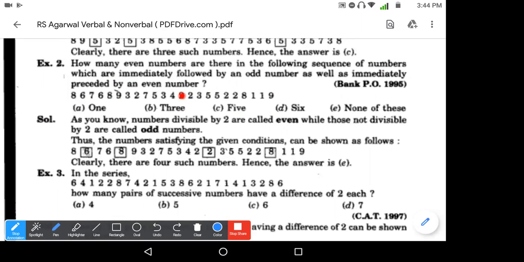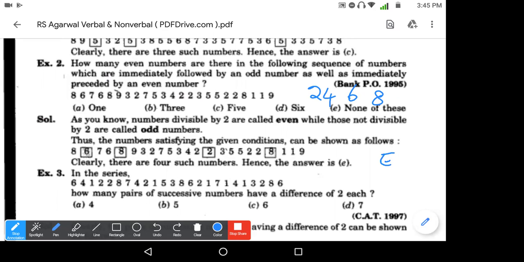What are even numbers? 2, 4, 6, 8, 10, 12, 14, and so on. But if you see the numbers here, you'll only have 2, 4, 6, 8. So these are the even numbers.